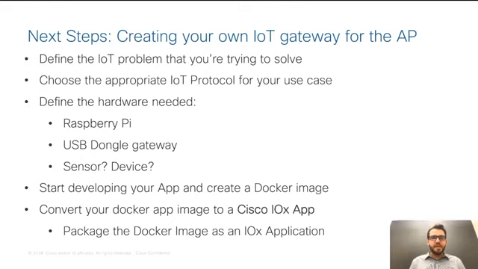The next step is what's the hardware that you're going to need. Probably you're going to need a Raspberry Pi for sure, to do the prototype. And then you have to extend the Raspberry Pi with some kind of USB dongle gateway, because probably that is not going to be there. So what kind of dongle do you need? What are the options available?